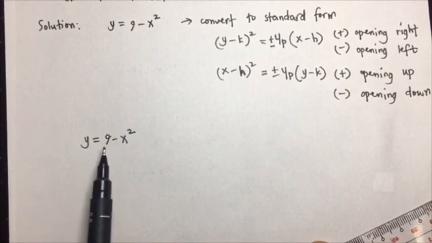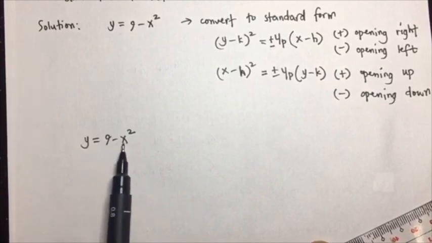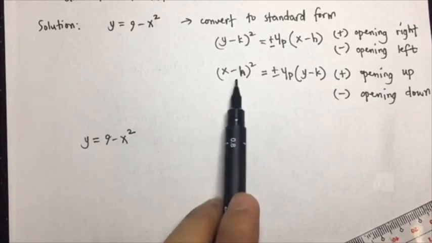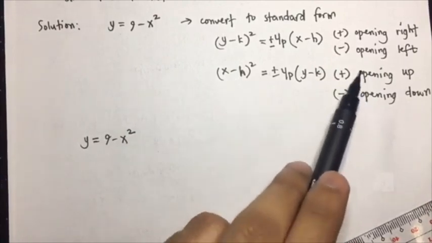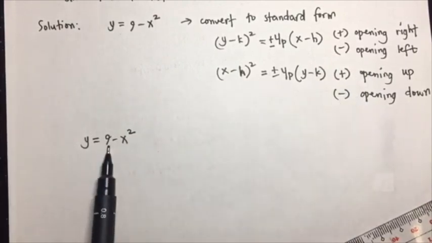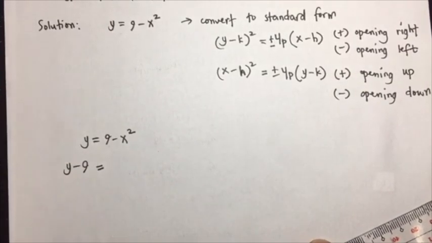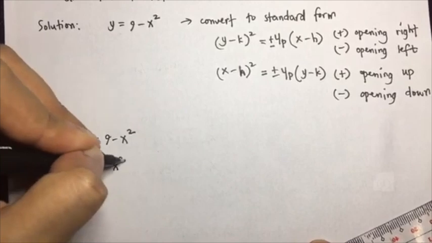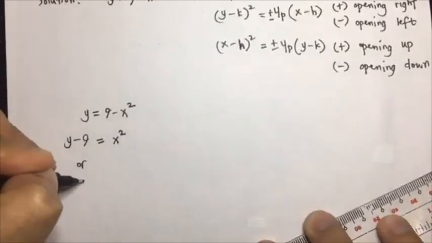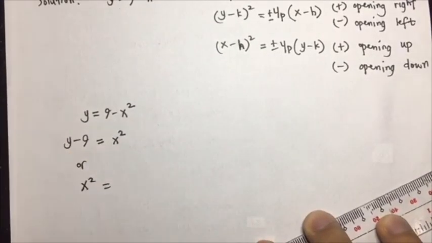Again, we have y is equal to 9 minus x squared. Since x is squared, it's either opening up or opening down. So let's transpose 9 to the other side. y minus 9 is equal to negative x squared.